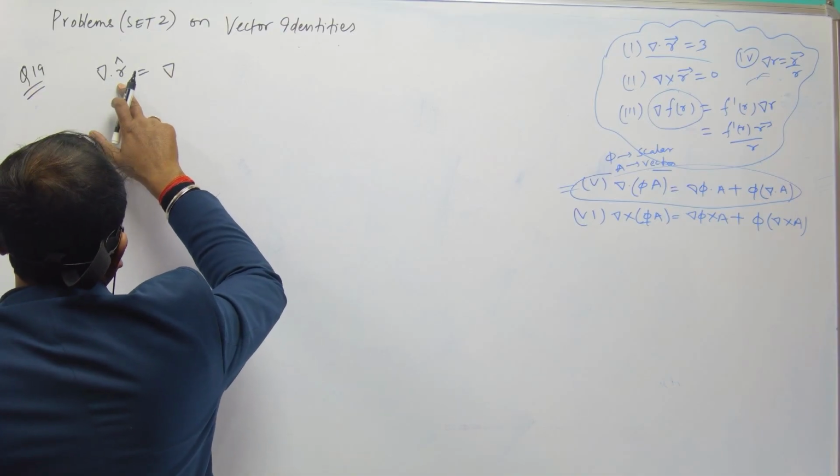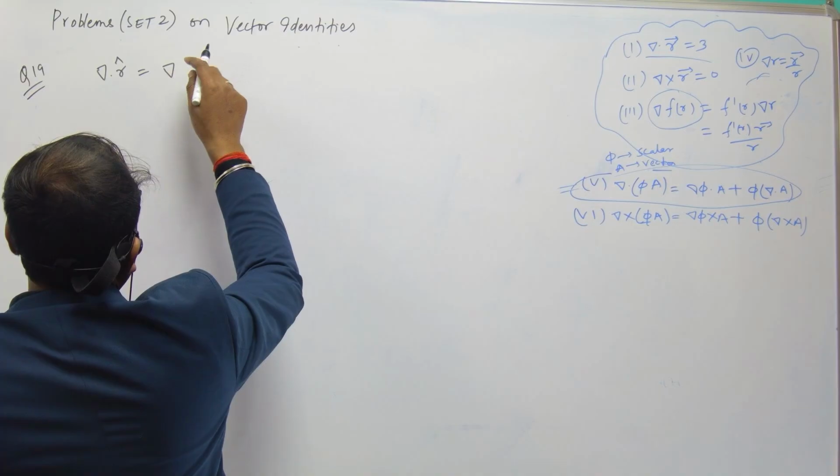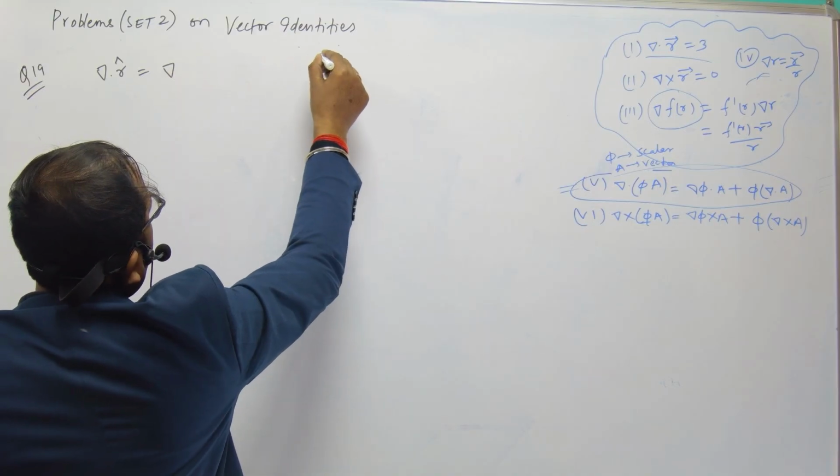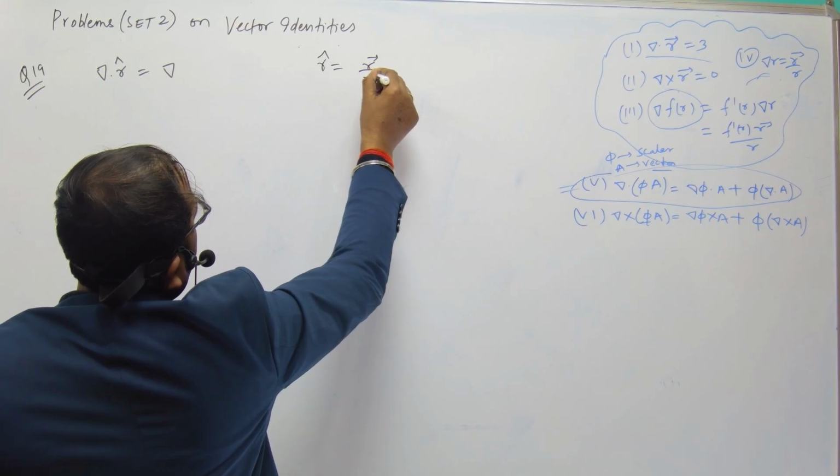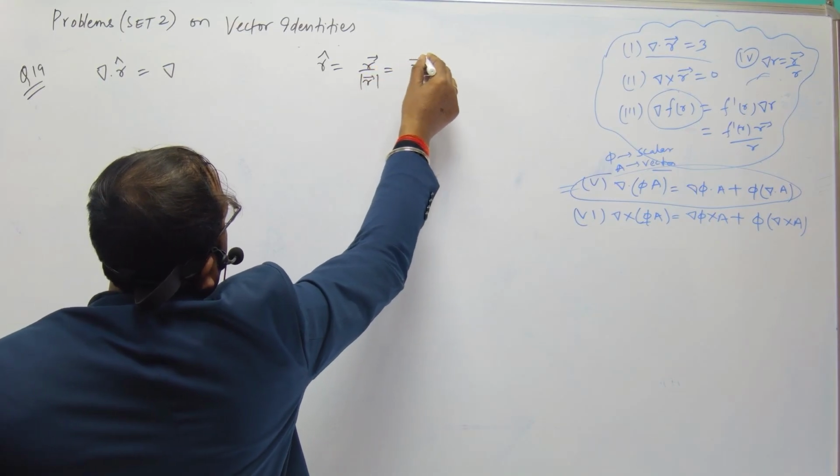We can write r cap as r vector upon modulus of r, equal to r vector upon r.